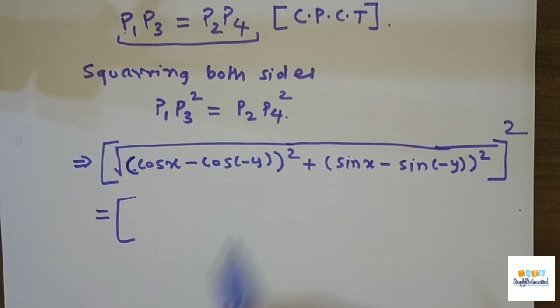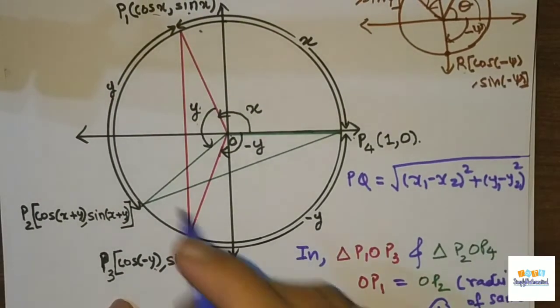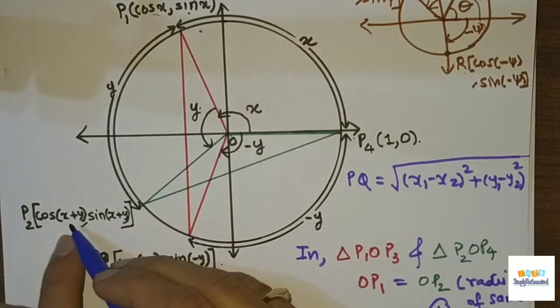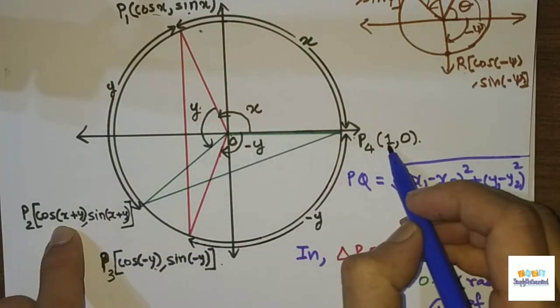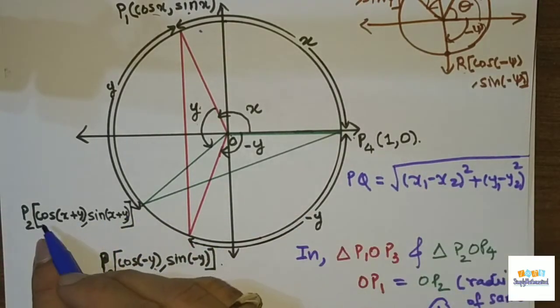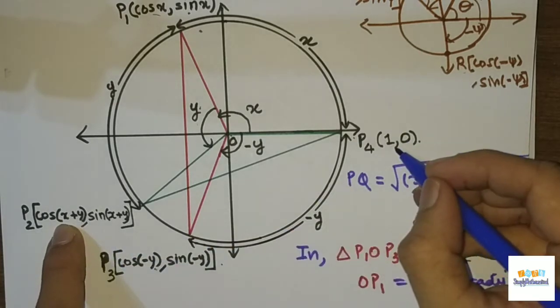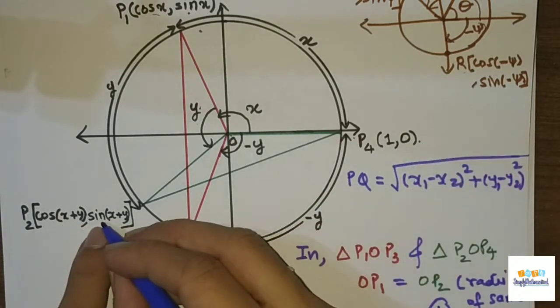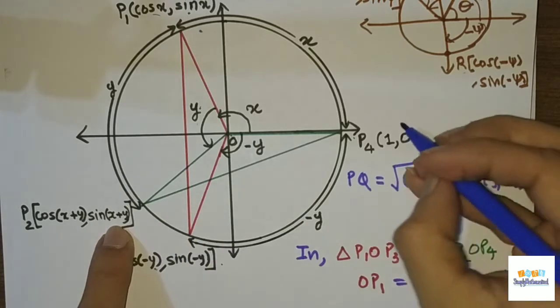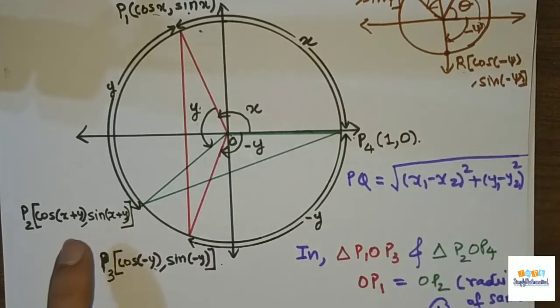Which is equal to what? Again you find this distance P2P4. So P2P4 will be x1 minus x2 the whole square, that is cos of x plus y minus 1 the whole square, plus sin of x plus y minus 0 the whole square, right, under the root.